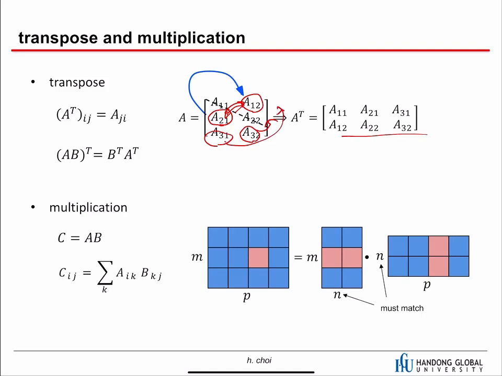For those who are already familiar with PyTorch, let me tell you one critical thing. In PyTorch, you have a view function. Let's say we have matrix A, and the size of the matrix is 5 times 10.